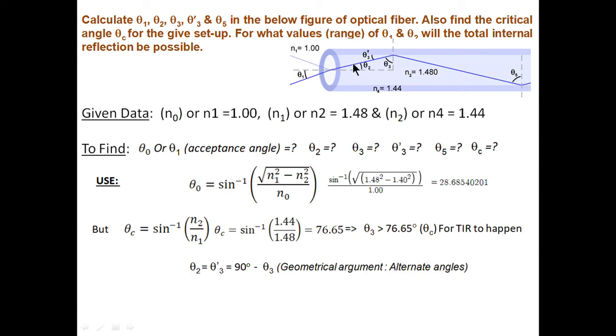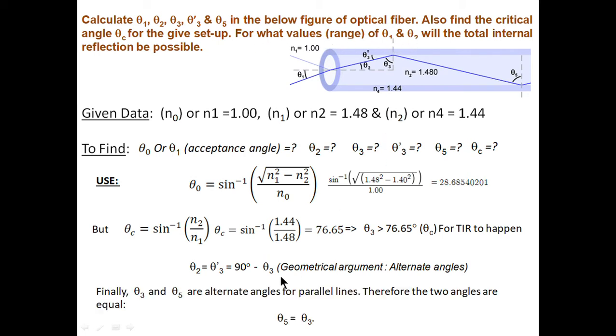Why we use this is because everything is revolving around theta 3, which follows the principle of total internal reflection, which is the critical angle. The angle greater than the critical angle can only get the ray back into the system following total internal reflection.